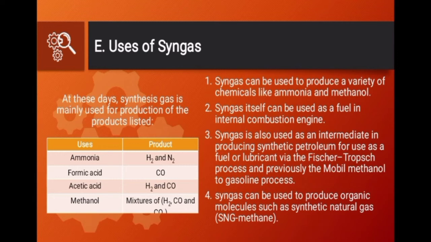But at this stage, the synthetic gas is mainly used for production of the products listed in the table. For example, hydrogen and nitrogen are used for ammonia, carbon monoxide is used for formic acid, hydrogen and carbon monoxide are used for acetic acid, and the mixture of hydrogen, carbon monoxide, and carbon dioxide is used for methanol.